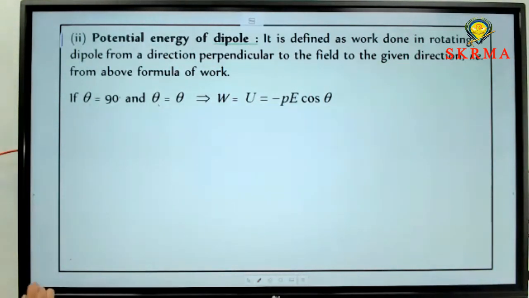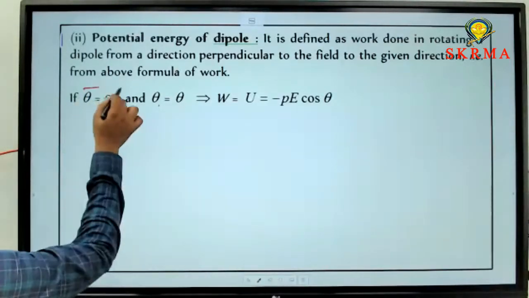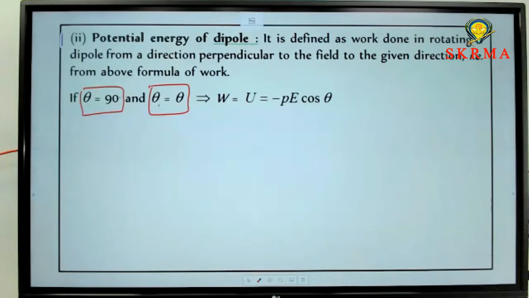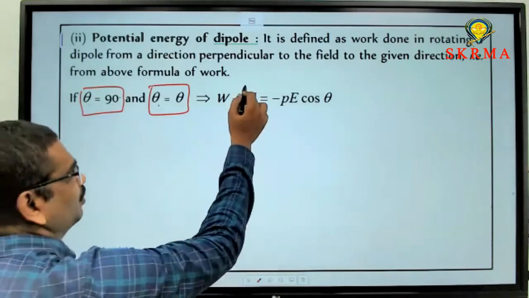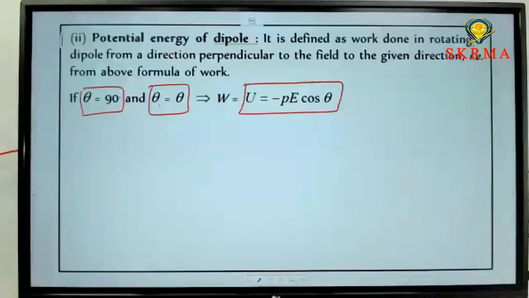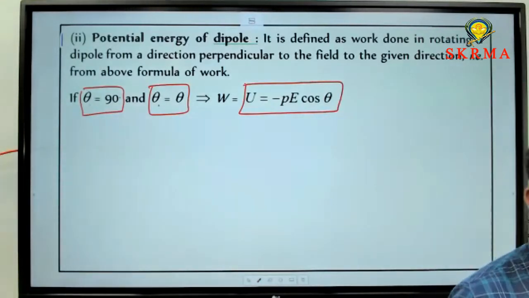Now in that case, theta 1 is 90 degrees, theta 2 is theta. Just substitute those two, then you will get work done or potential energy as minus PE cos theta.